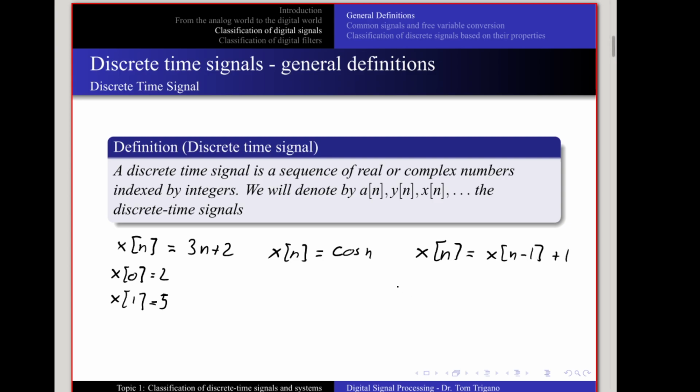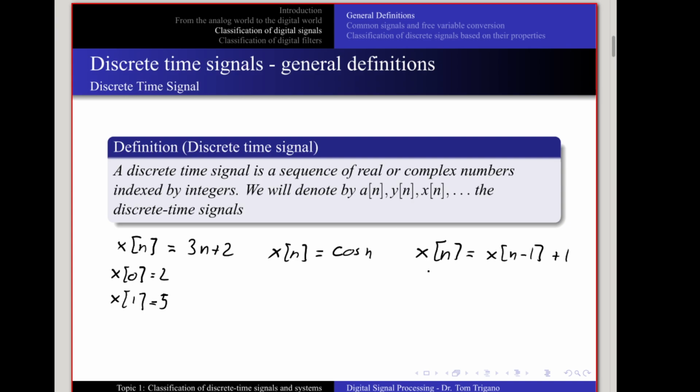In that sense the definition is less straightforward, but this is one of the most important definitions in signal processing, in the sense that it defines what is called the difference equation, and the difference equation is one very important part of digital systems. So the definition itself is not very difficult.